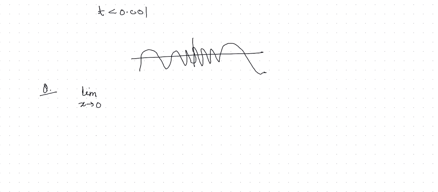Now limit x tends to 0 of (sin x minus 2) over (cos x minus 1).